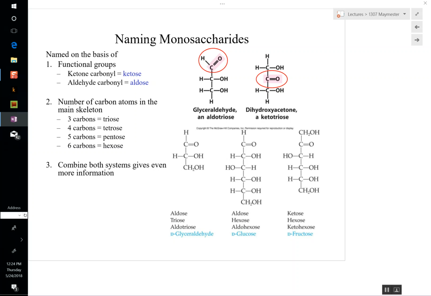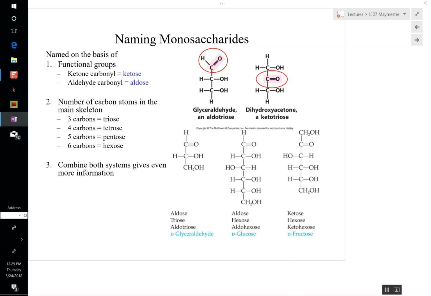One other thing to keep in mind, we're going to have to kind of come up with a common way of drawing these molecules. One commonality in there is always to draw the molecule with the carbonyl towards the top. For an aldehyde, it is at the top. That's carbon number 1, 2, 3. 1, 2, 3, 4, 5, 6. The aldehyde is at the top.